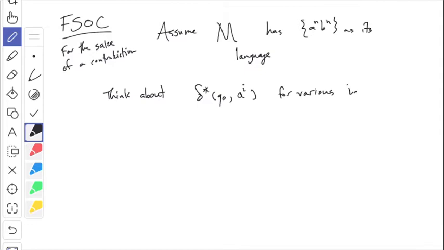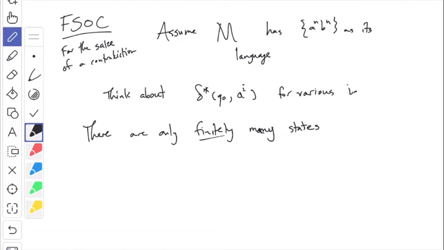So I would like to think about these for various different I's, and it's a fact about a DFA, there are only finitely many states. This is part of the definition of a DFA. Hold on, I'm having a hard time writing here. There are only finitely many states. That's what the F in DFA means.